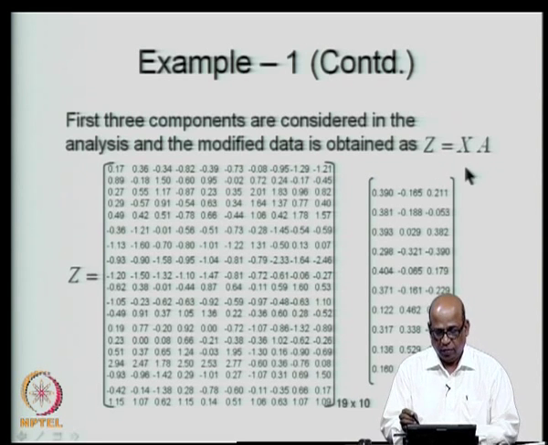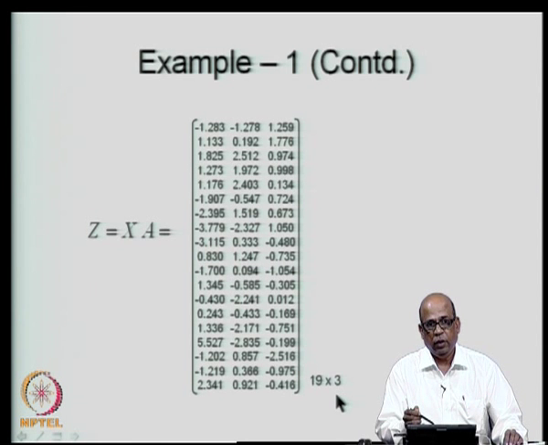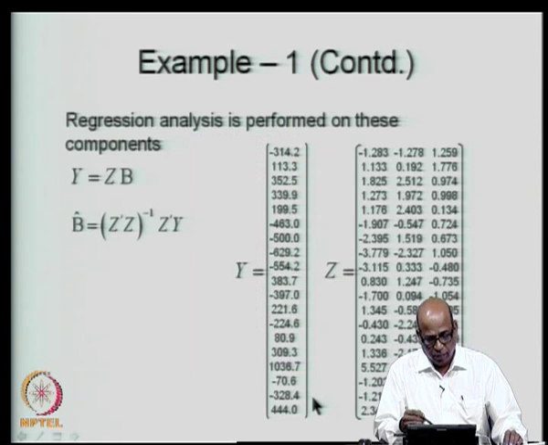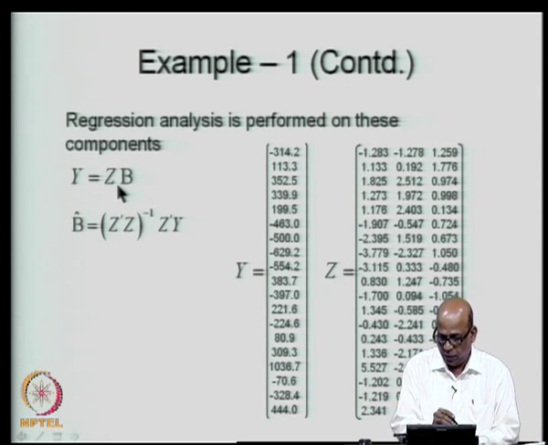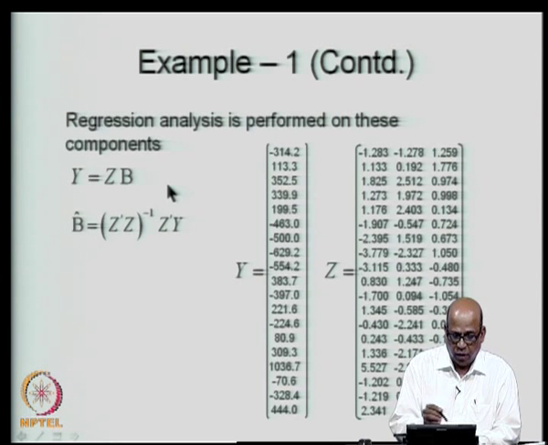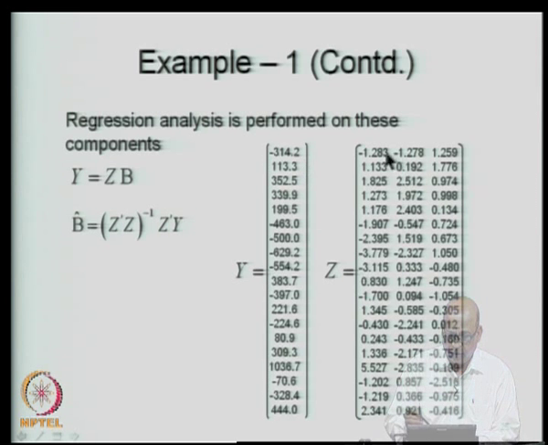I use this transformed data now, z is equal to x into A. So, this is a z matrix, this will be 19 by 3 instead of the 19 by 6 that I got earlier. Then we develop the regression relationship, which is y is equal to z into B, and y remains unchanged and z is modified now, z is 19 by 3 now.